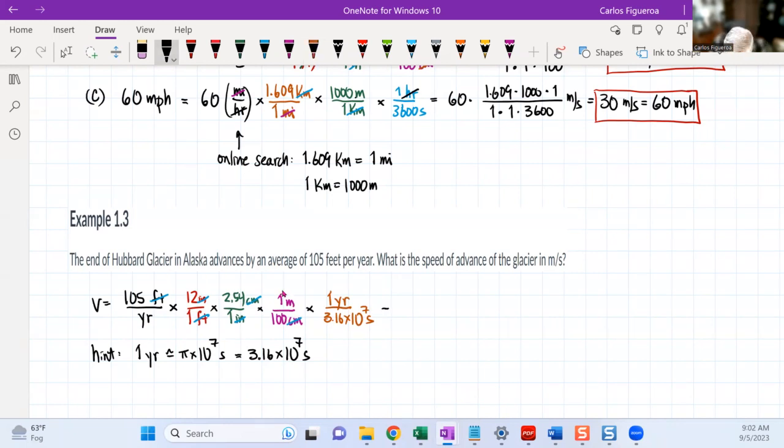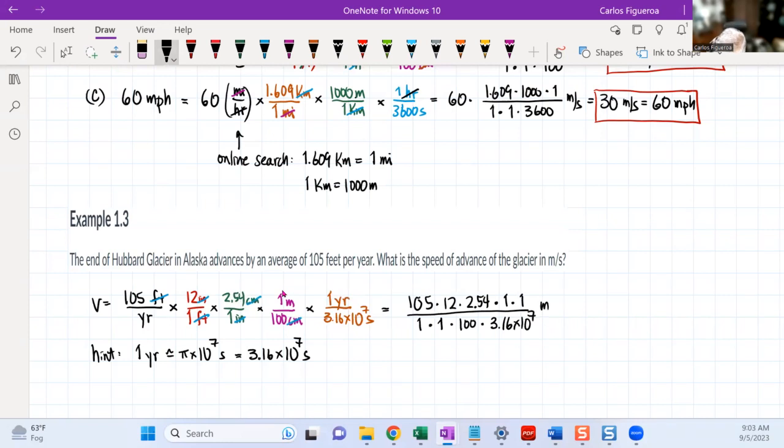If I multiply this all out, this should be 105 times 12 times 2.54, and then 1 times 1 times 1 times 100 times 3.16 times 10 to the 7.